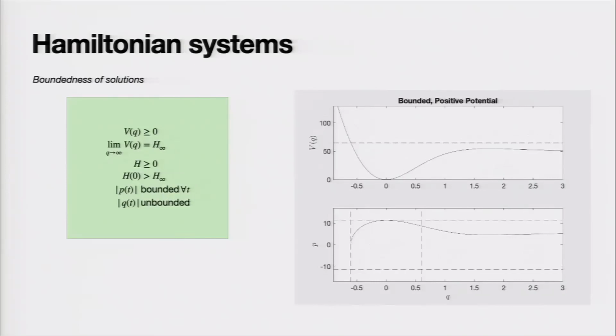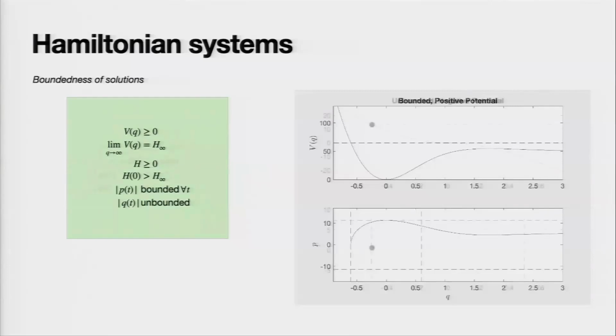As you can see now, the mass is not bounded in Q anymore, but it is still bounded in P. So a bound in P always exists when the potential energy is non-negative. All these cases are good for today's talk because the potential is non-negative.